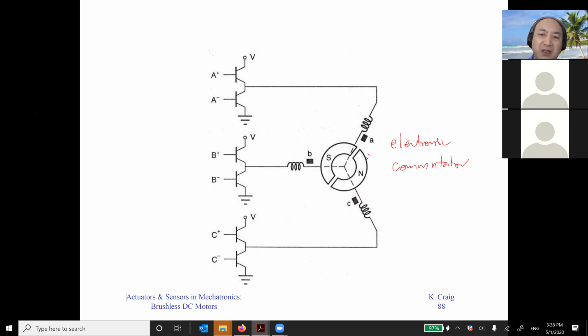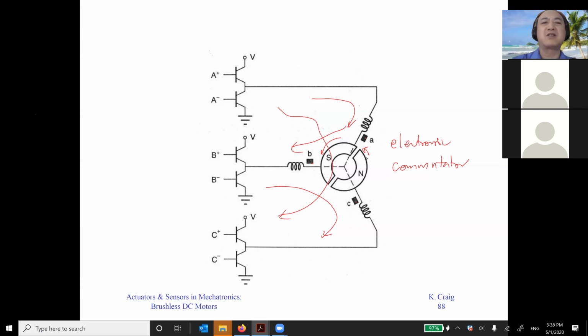When I find you are coming here, I suddenly change the current I am providing in here. If I rotate it to here, I need to change the commutation again. So the excitation may go from here or here. These are the possibilities.